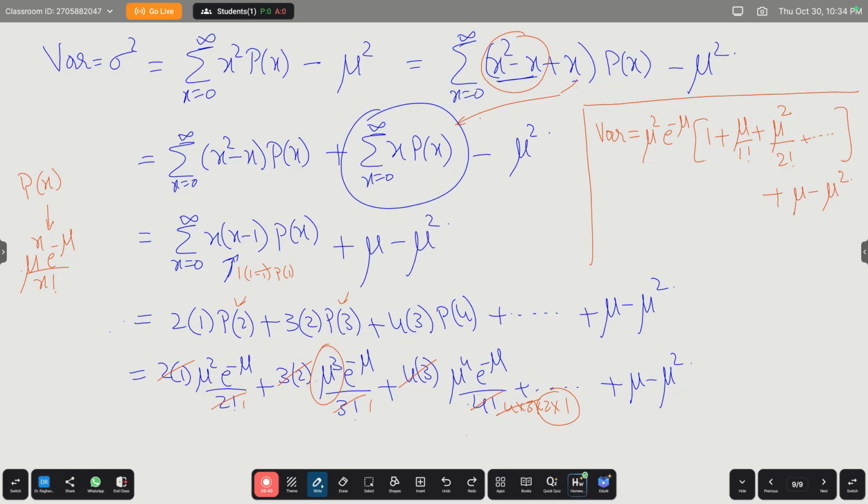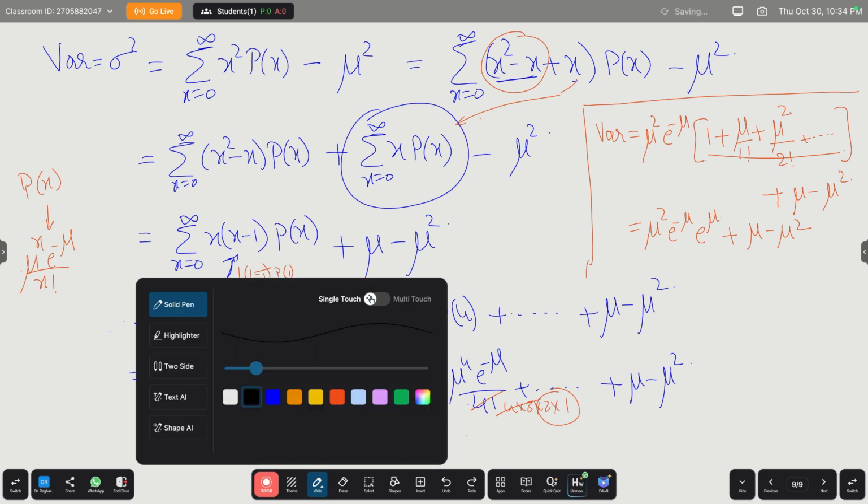And as we have already discussed, mu square e power minus mu, and this summation is Maclaurin series expansion of e power mu, plus mu minus mu square. Now what can be done?